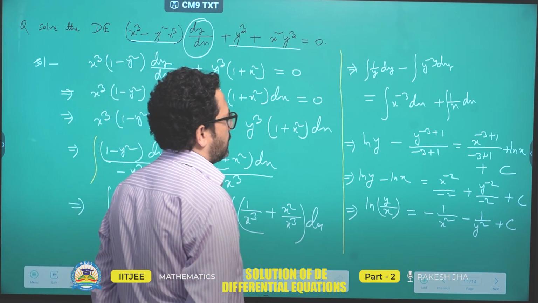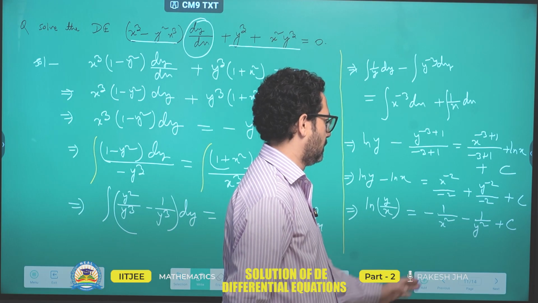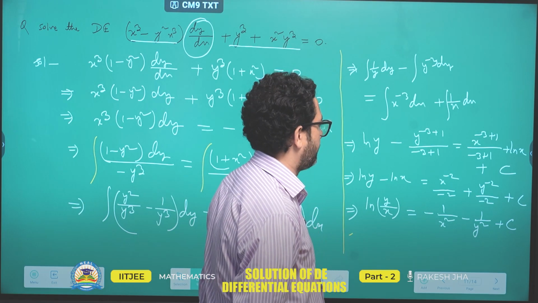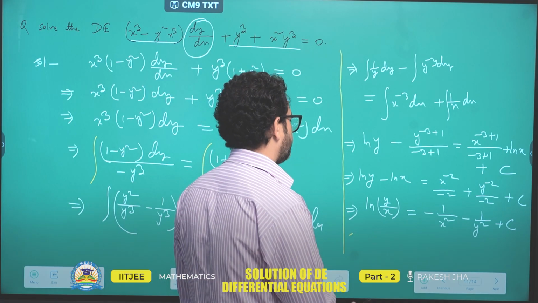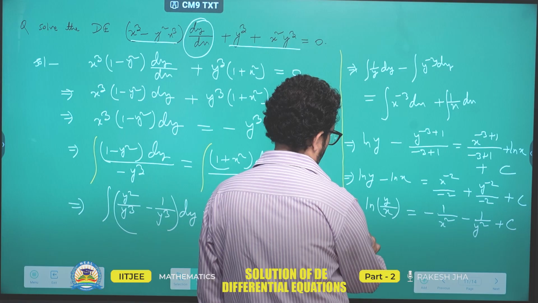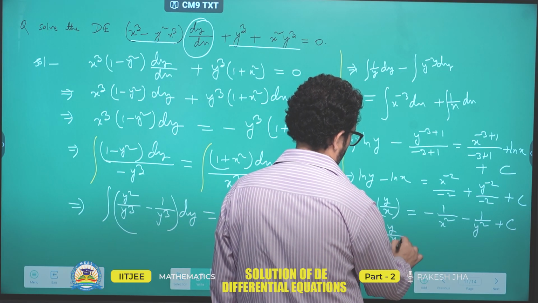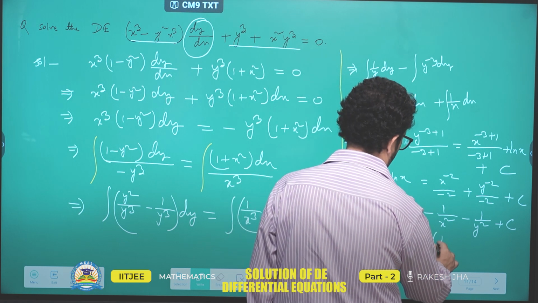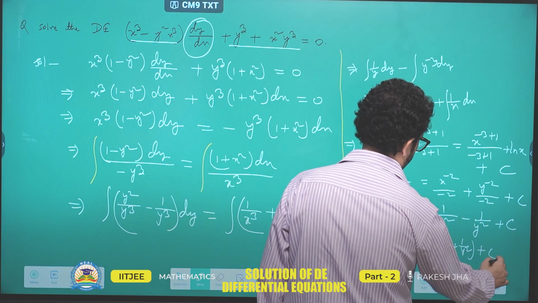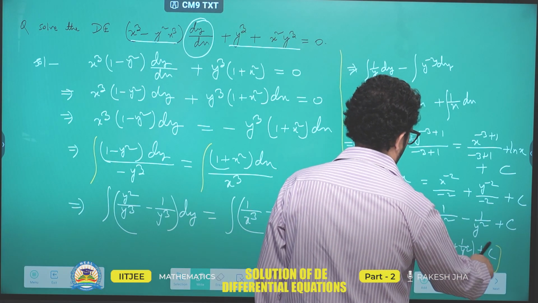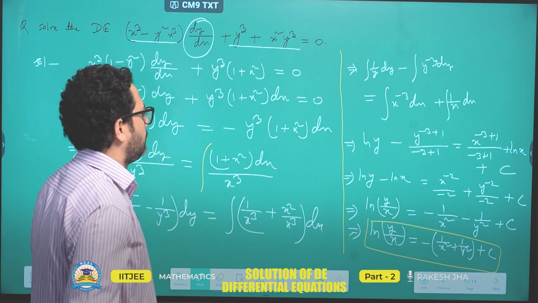What we are observing here is that both are negative, so it's better we keep the negative on this side. Or else our answer is this only: ln y upon x is equal to, negative taken common, 1 by x square plus 1 by y square plus c. So this is the solution of the given differential equation. Now moving to the next question.